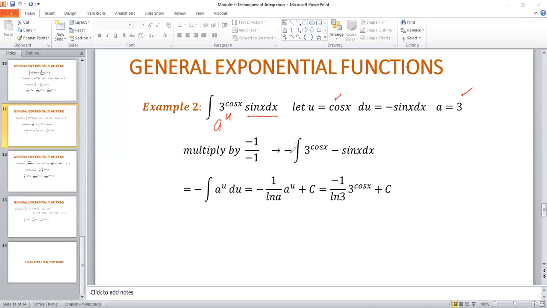So it's written like this: negative integral of 3 raised to cosine x times negative sine x dx. So what's the answer of this? Negative of 1 over ln of a, which is 3, times a^u, meaning this original expression, 3 raised to cosine of x, plus c. Do you get it?